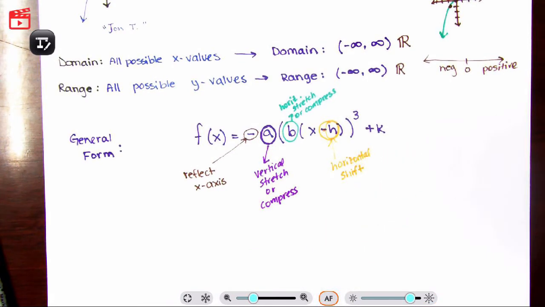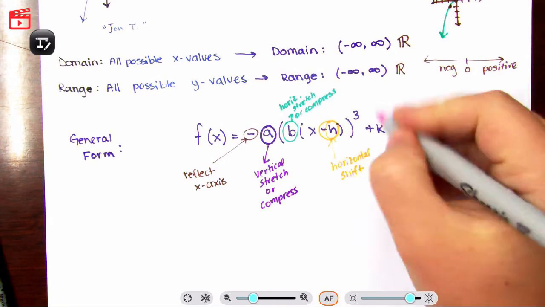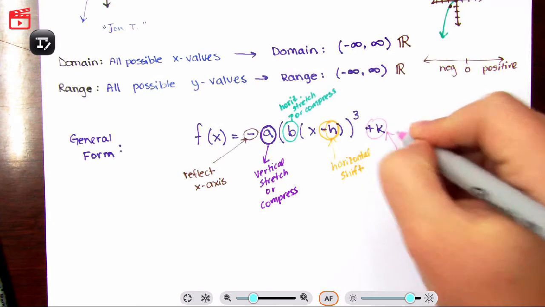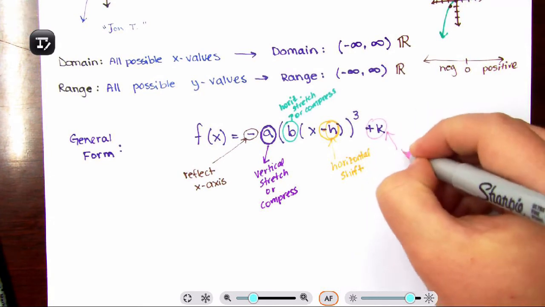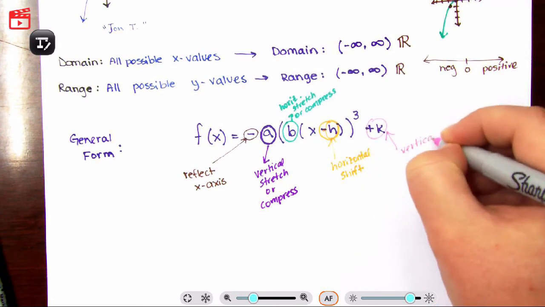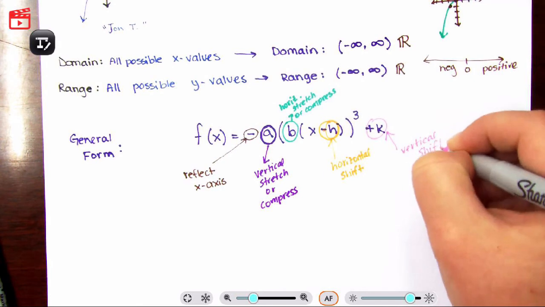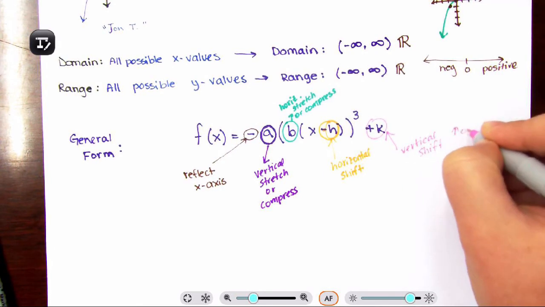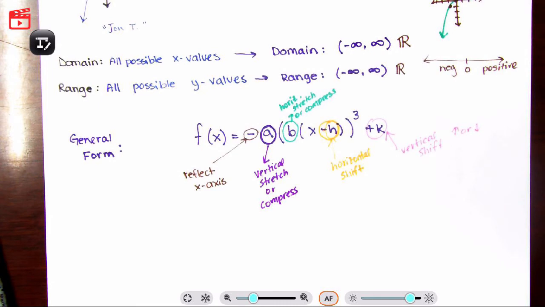And then the last one is this plus k. Plus k is outside of the bubble, so we do exactly what it shows. In this case, we have a vertical shift. Vertical shift is up or down, and horizontal is left or right.